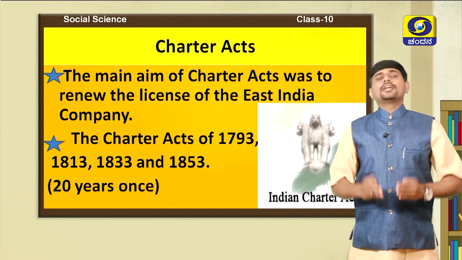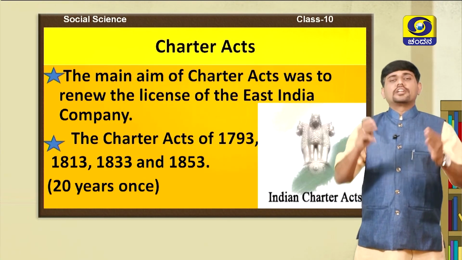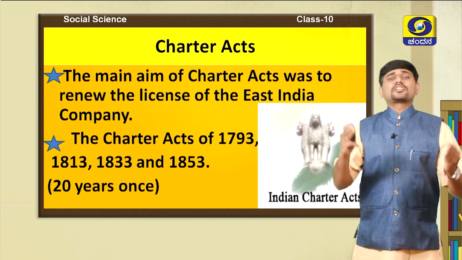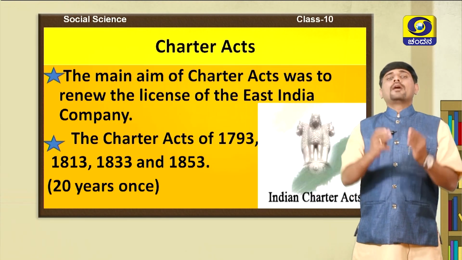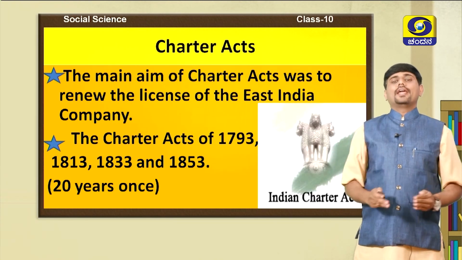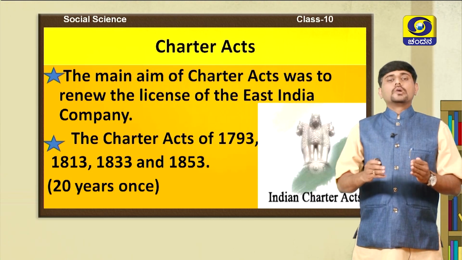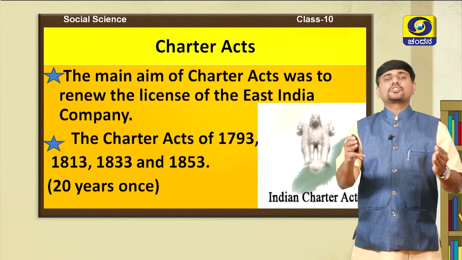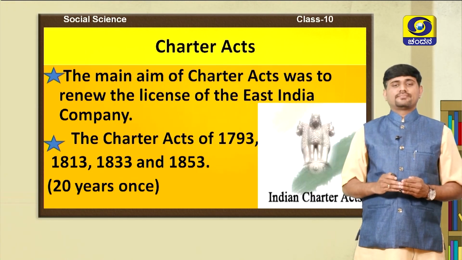Followed by the Pitt's India Act, we have the Charter Acts, children. What were the main aims of the Charter Acts? The aim of introducing the Charter Acts in India was to renew the licenses of the British East India Company from time to time.